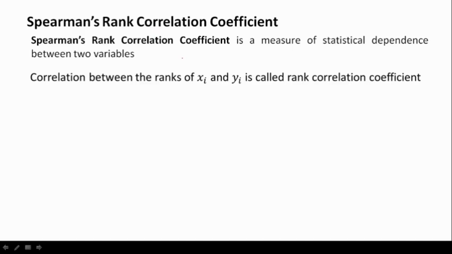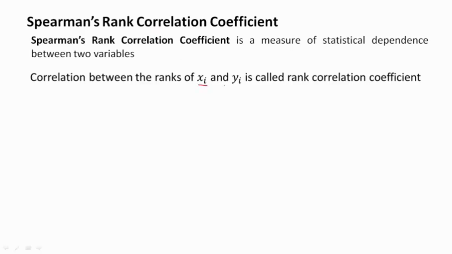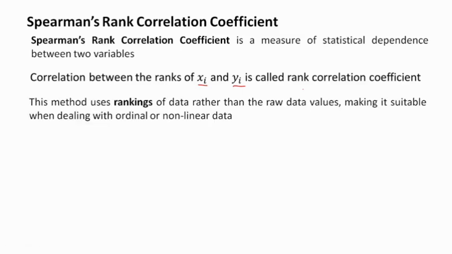It is the correlation between the ranks of the xi and the ranks of the yi, where x and y are the variables. So this correlation between the ranks of xi and yi is called the rank correlation coefficient. This method uses the ranking of the data rather than the data values.